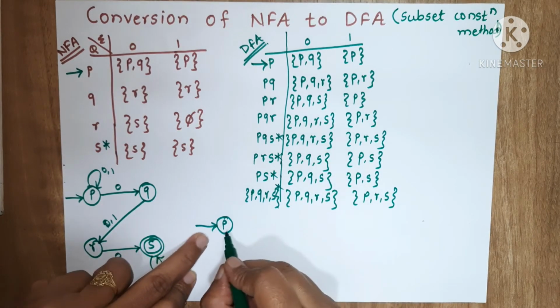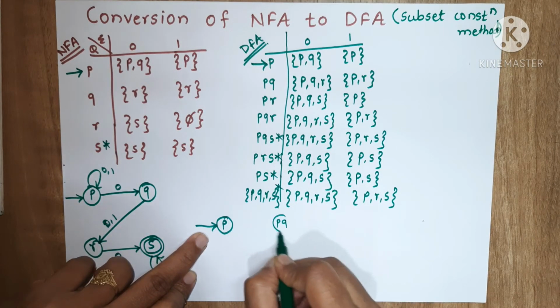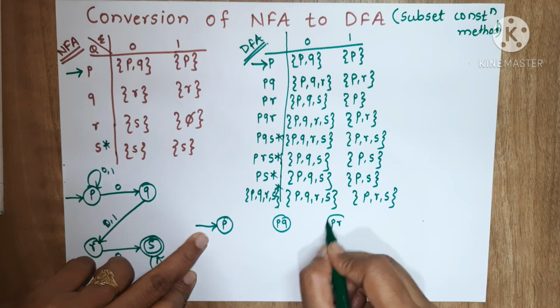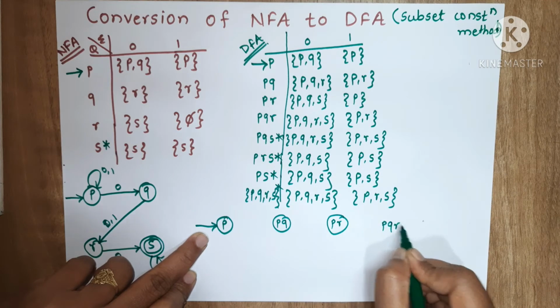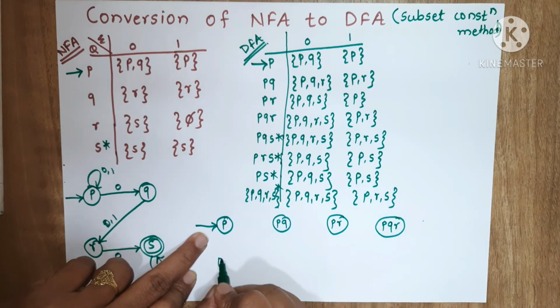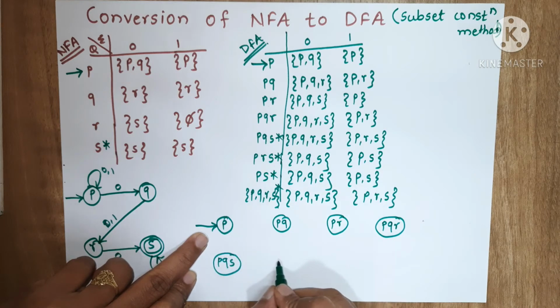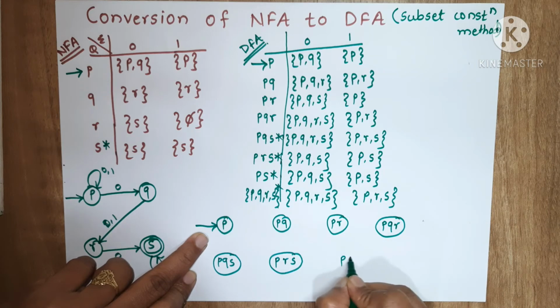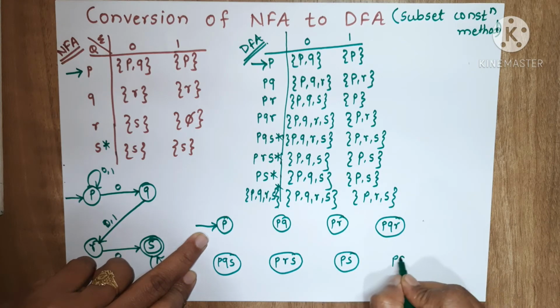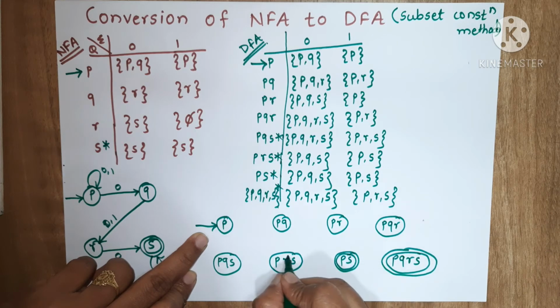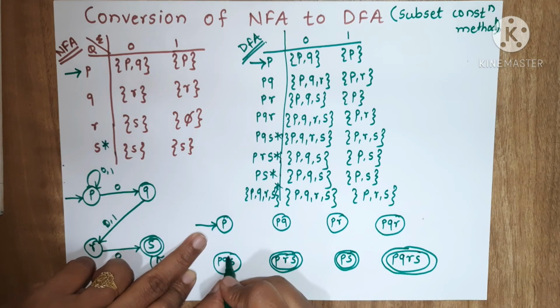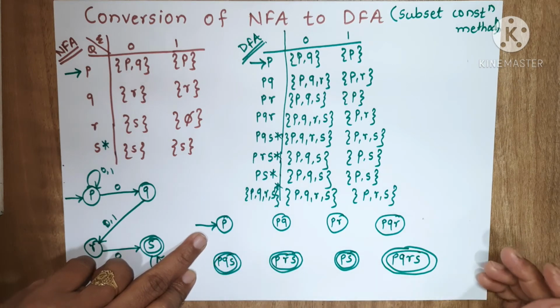So we have the states P, PQ, PR, PQR, PQS, PRS, PS and PQRS. PQRS is a final state, PS is also final, PRS is also final, and PQS is also a final state.